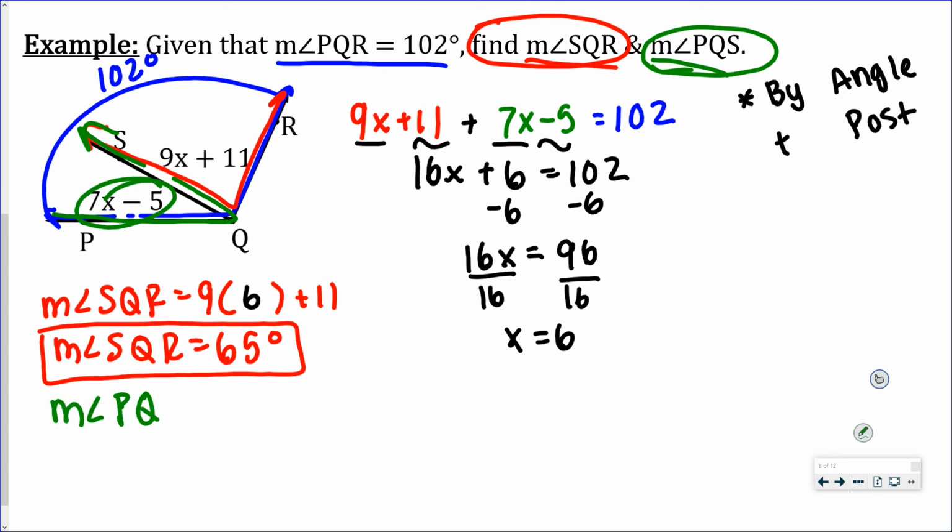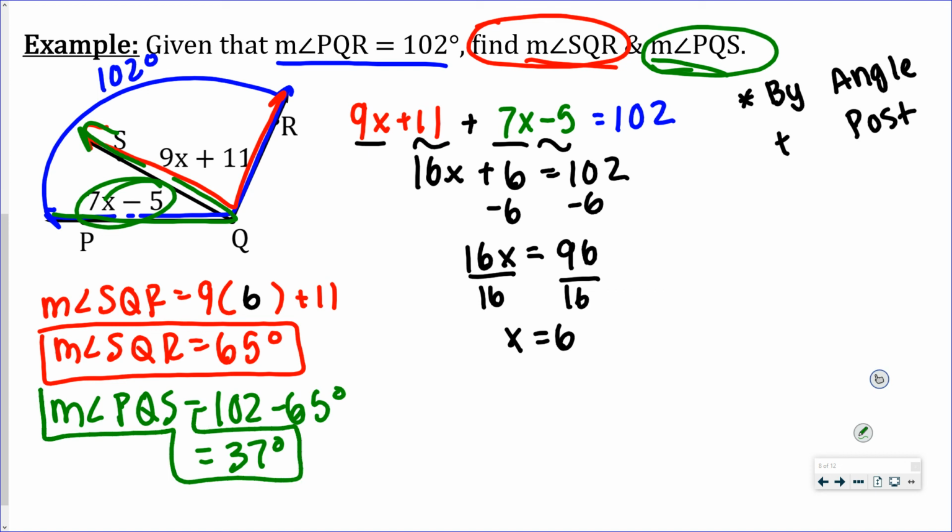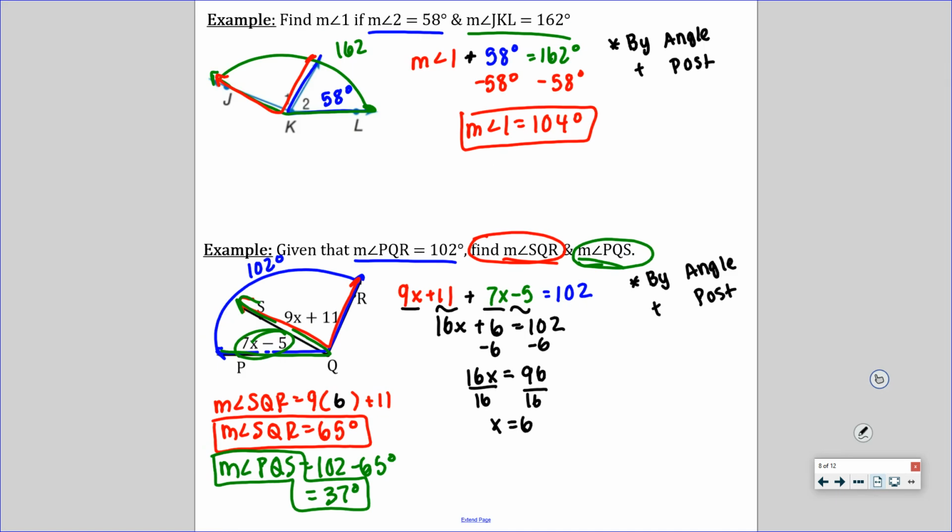So PQS would be 102 minus 65, which gives me 37 degrees. Okay. What great fun. Questions?